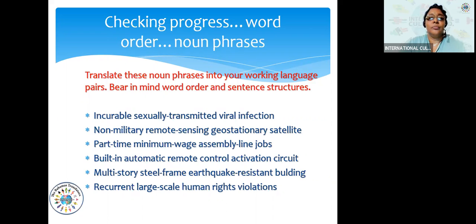Now, we have noun phrases that we will now translate. Before we go into interpreting, we will translate them into our working language pairs so that we can understand how to solve issues that may be presented in the middle of a speech.